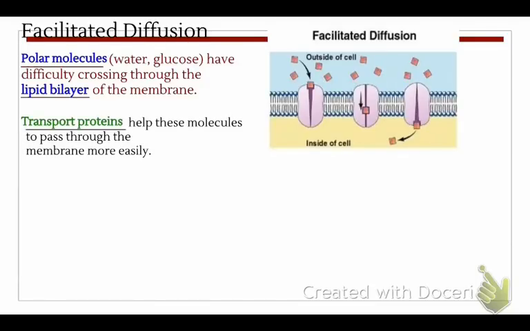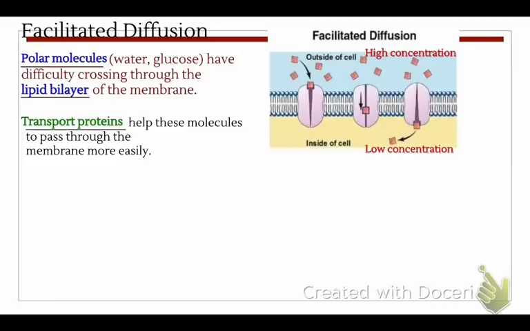Transport proteins help these molecules pass through the membrane more easily. Okay, so we can see area of high concentration to area of low concentration.